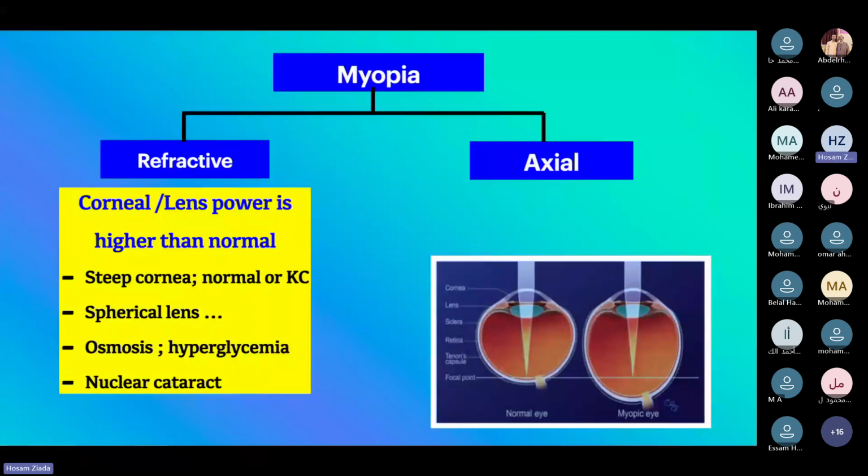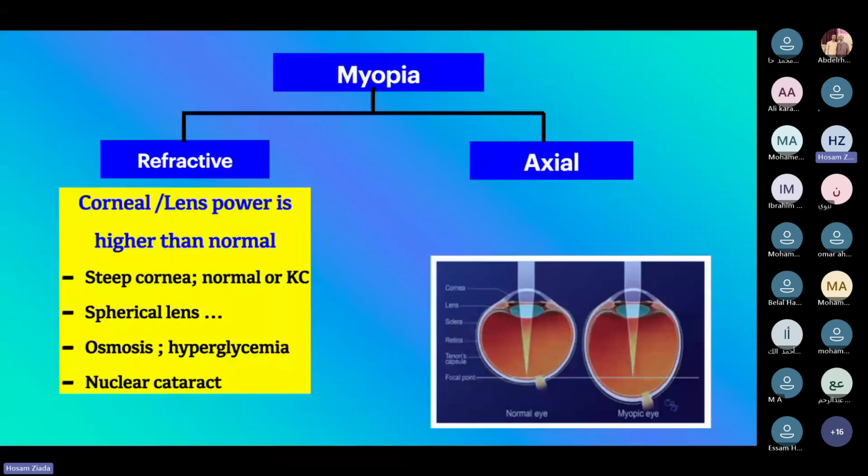The third line of treatment of myopia is laser, so refractive surgery, by laser or lens implantation. By laser, I am going to flatten the cornea because the cornea is steep or with high power. Even if the lens is a cause, or the long axial length is a cause, I am going to decrease the whole refractive power of the eye.